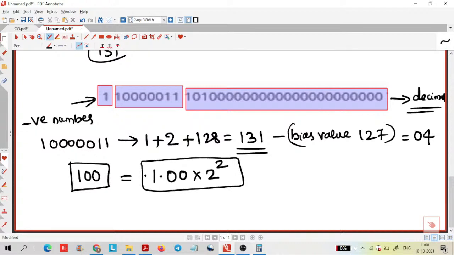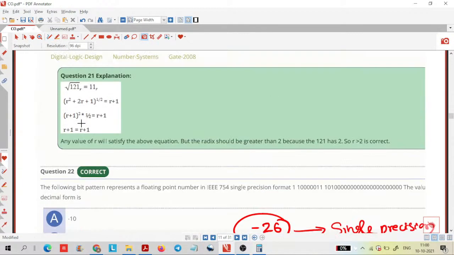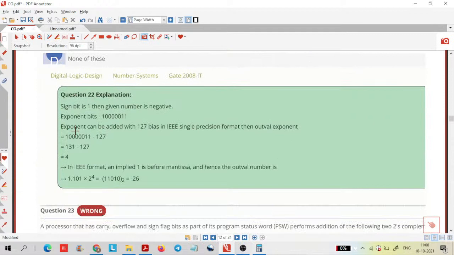Okay, now see here, the 127 bias value you have to subtract, then the one before the mantissa. So here the normalization form.